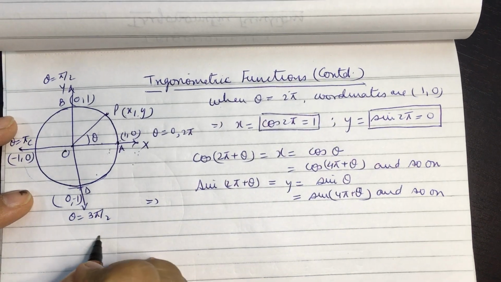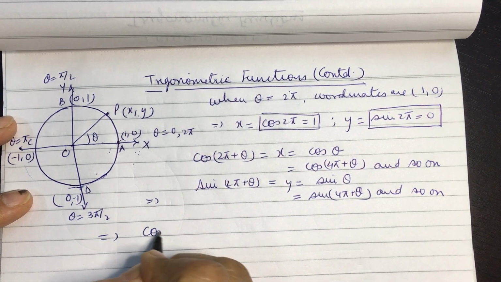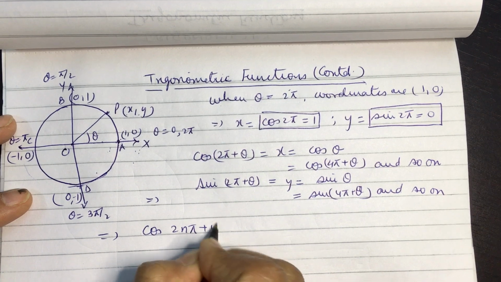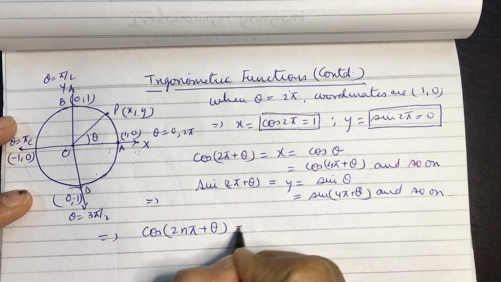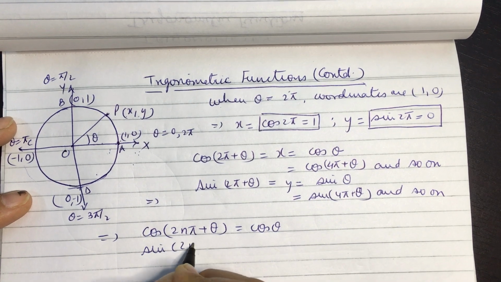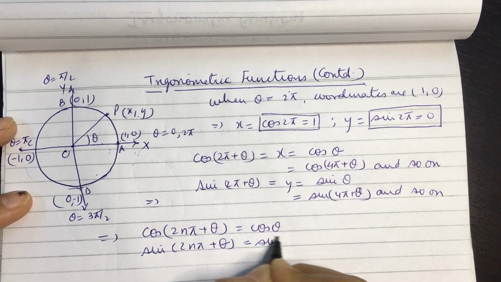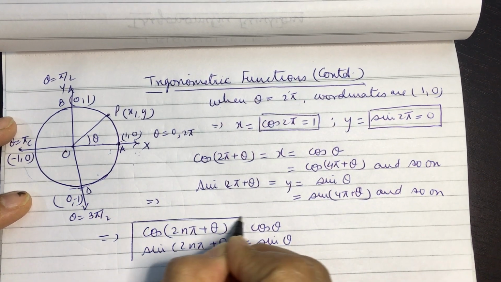We can generalize the result that cos of 2n pi plus theta equals cos theta and sine of 2n pi plus theta equals sine theta.